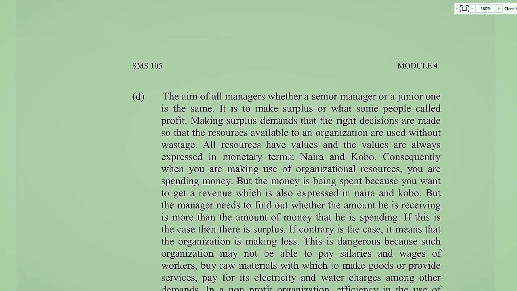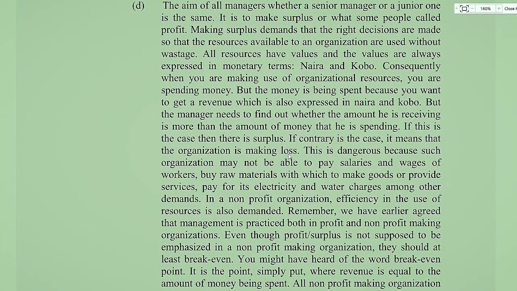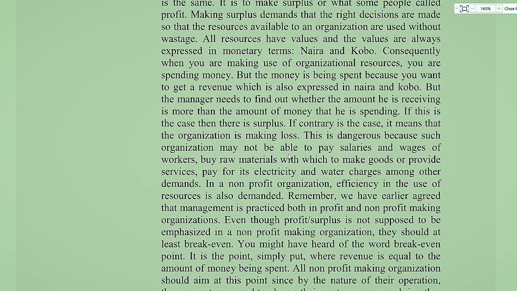Now we have the aim of all managers, whether a senior manager or a junior one, which is the same. It is to make surplus, or what some call profit. Making surplus demands that the right decisions are made so that the resources available to an organization are used without wastage. All resources have value, and the values are always expressed in monetary terms, naira and kobo.